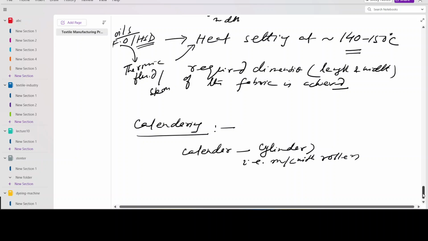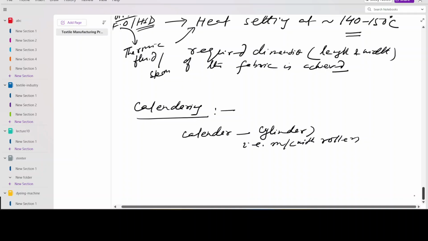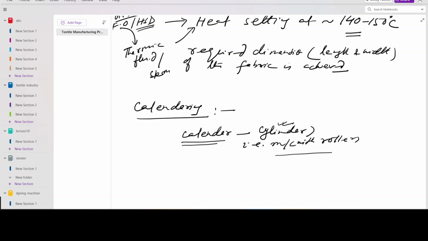Calendaring is a finishing process used on cloth in which fabric is passed between rollers at high temperature and pressure. As the name implies, calendar, cylinder, machine with rollers. So cloth will pass through rollers at high temperature and pressure.